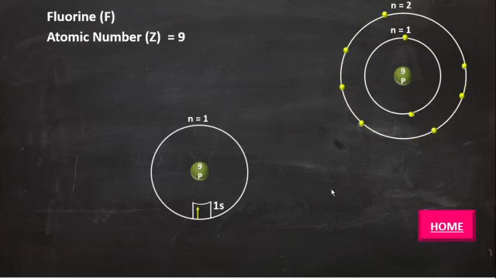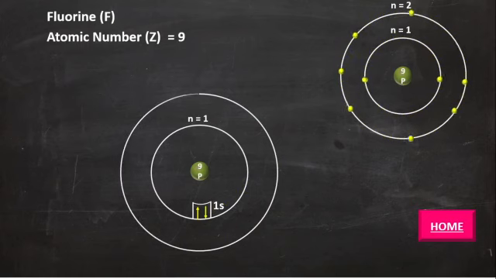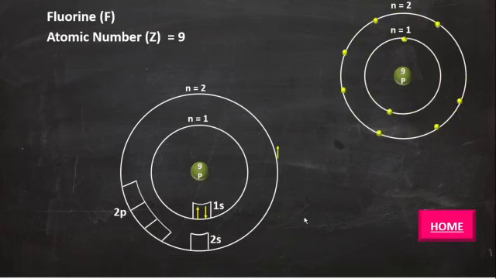First, second electron. Then draw the second orbit n equal to 2. In this there are 2 orbitals. Third electron occupies 2s. Fourth electron will pair up with this electron.